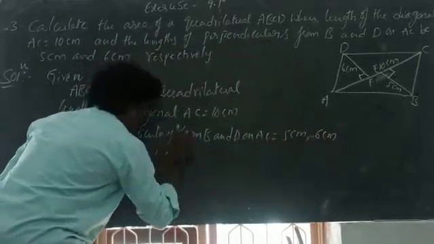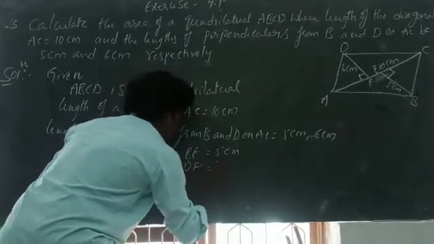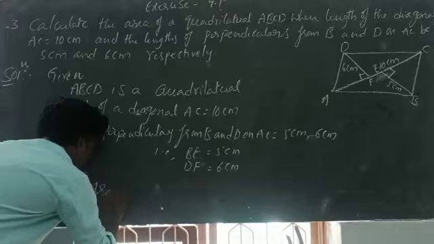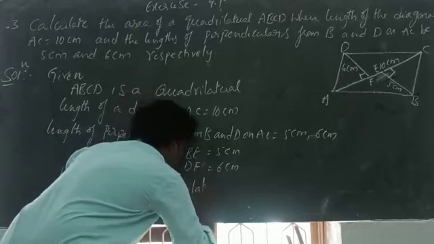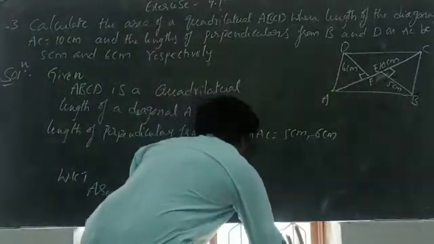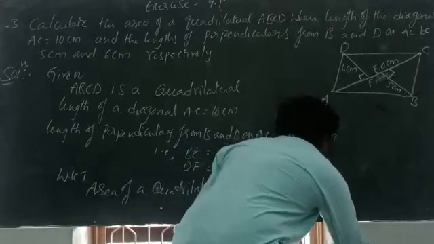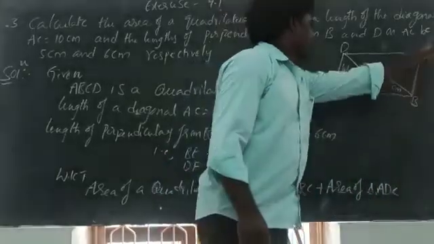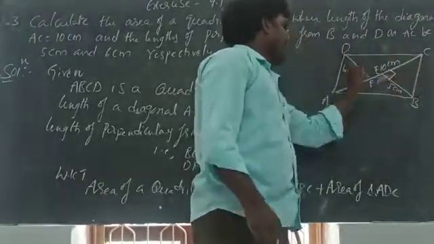That is, BE is equal to 5 centimeter, DF is equal to 6 centimeter. So we know that the area of a quadrilateral is equal to the sum of the areas of these two triangles. So area of triangle ABC and area of triangle ADC. In this triangle ABC, base is AC, height is BE. In this triangle ADC, base is AC, height is DF.